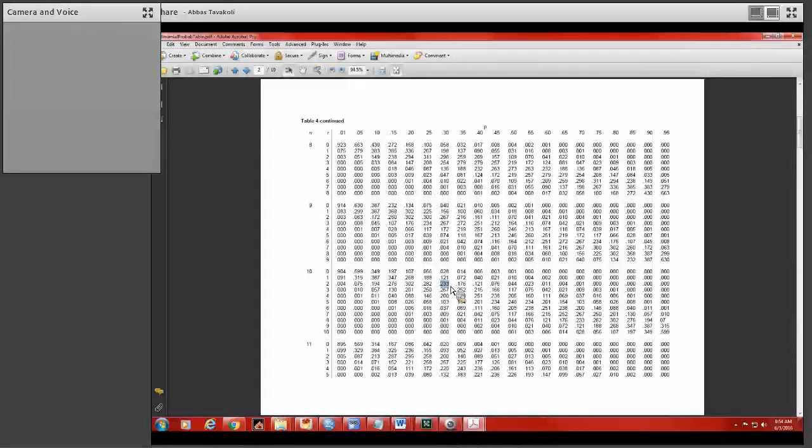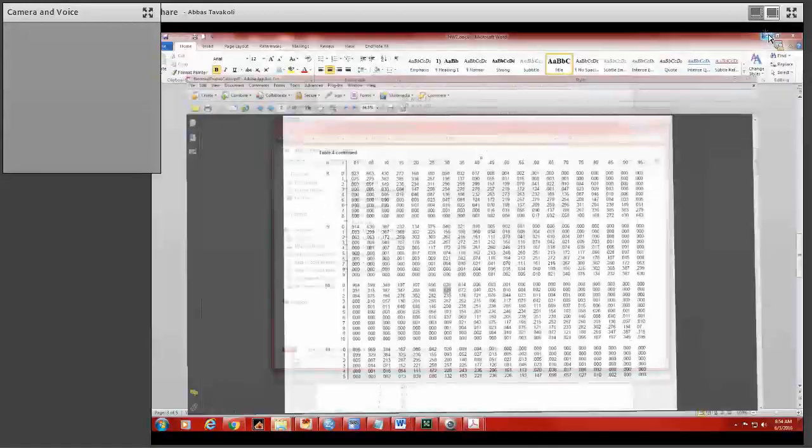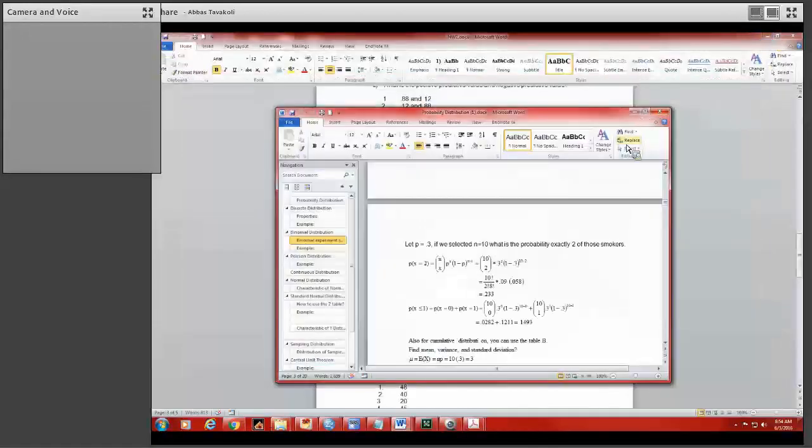For example, if you look at 0.3, this is your 0.3 here, and then our n was, let's say, n of 10. For exactly 2, this is cumulative probability. That means this is the probability of 0 plus 1 plus 2. So you have to subtract 0.121 from the 0.233 to get that probability.